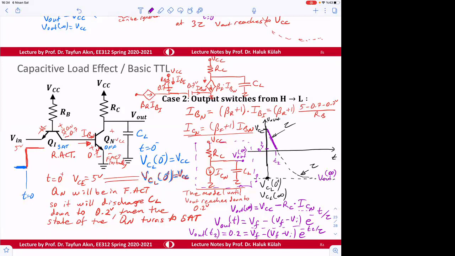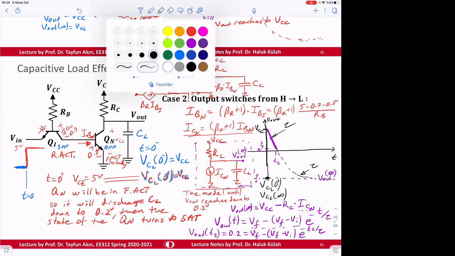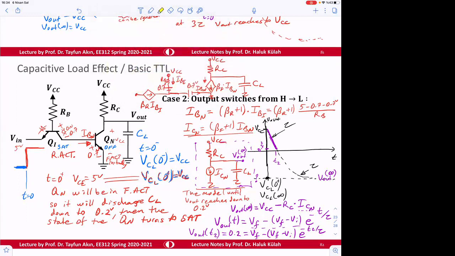So from here, we can determine T2. So T2 can be determined.